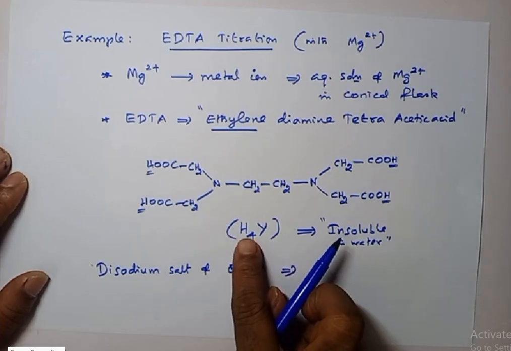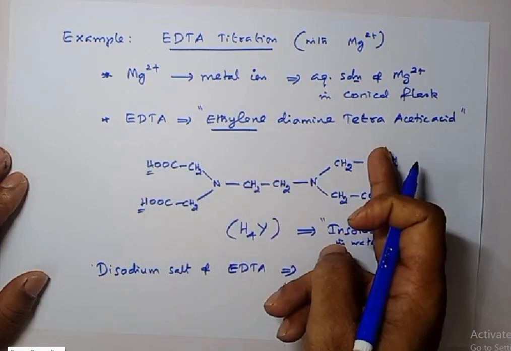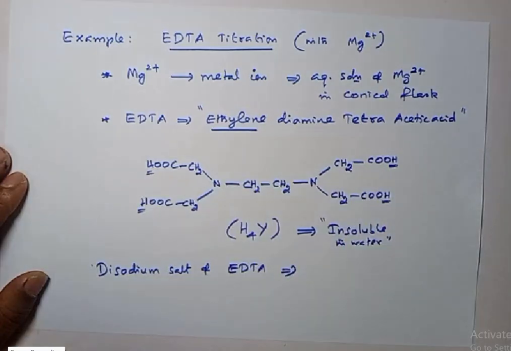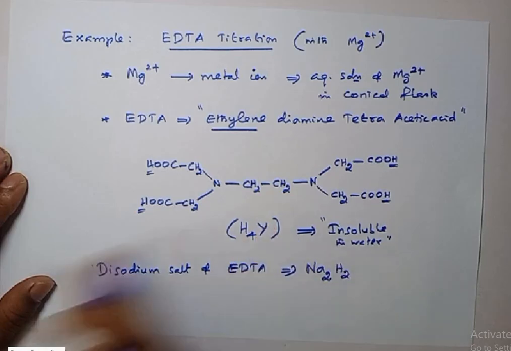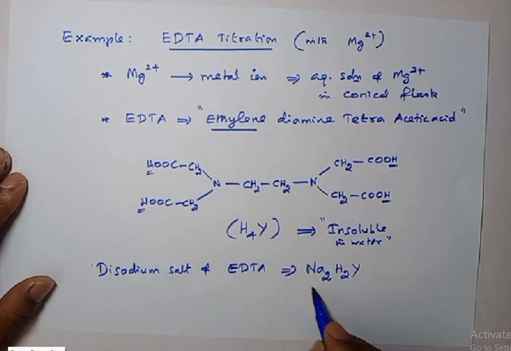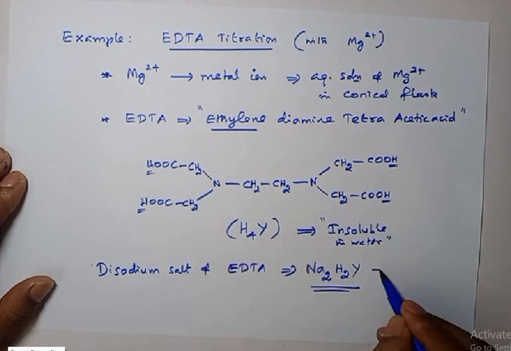Replace any 2 H plus, one from here or one from here, whatever it is, and put sodium. So you get Na2H2Y. We replace 2 hydrogens. This is called the disodium salt of EDTA. This is soluble in water.